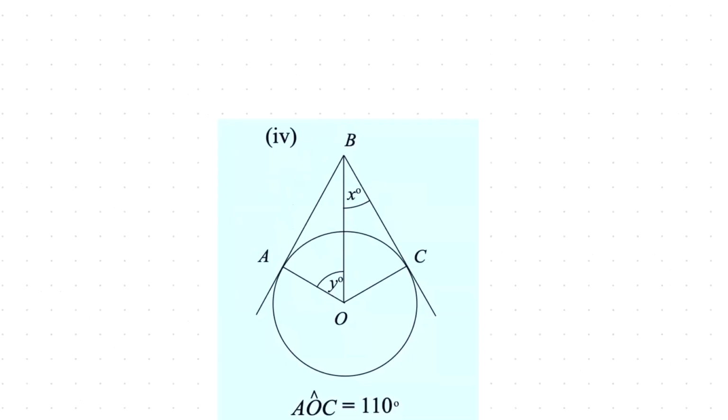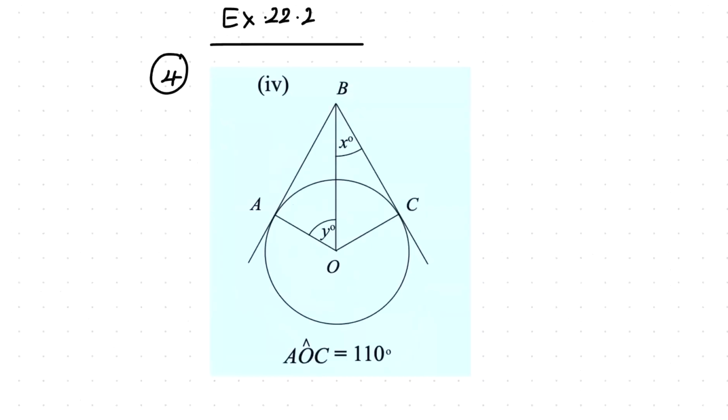So this is exercise 22.2, second question, fourth question. Fourth question, fourth Roman number. Okay.